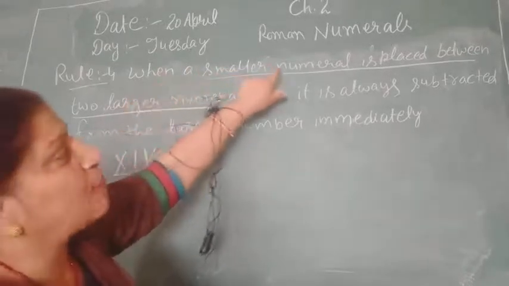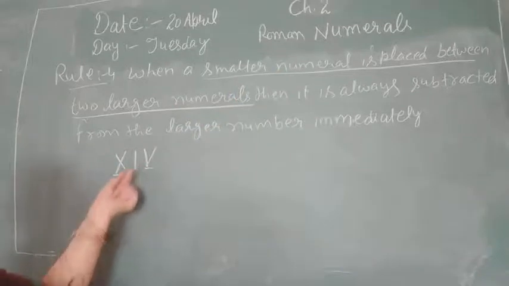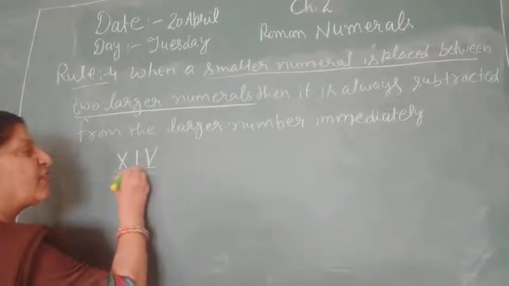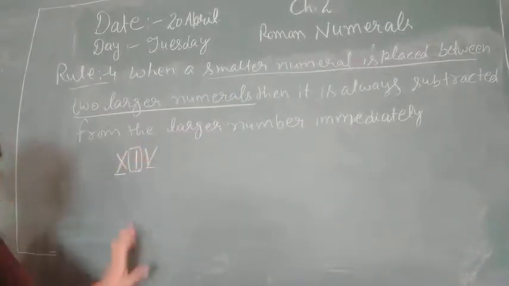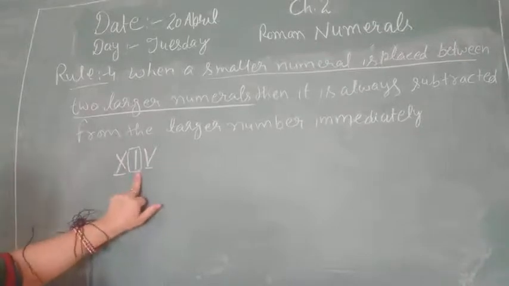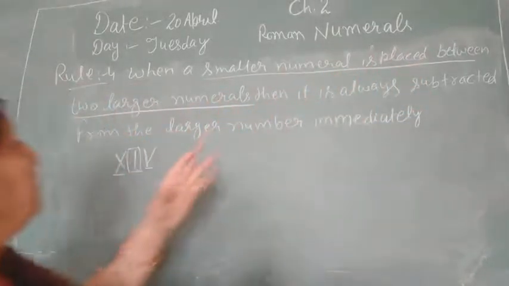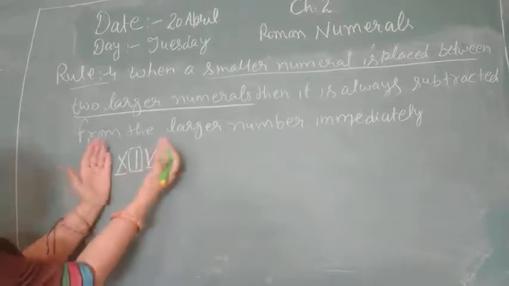Now the smaller numeral is I. This smaller numeral is placed between two larger numbers.